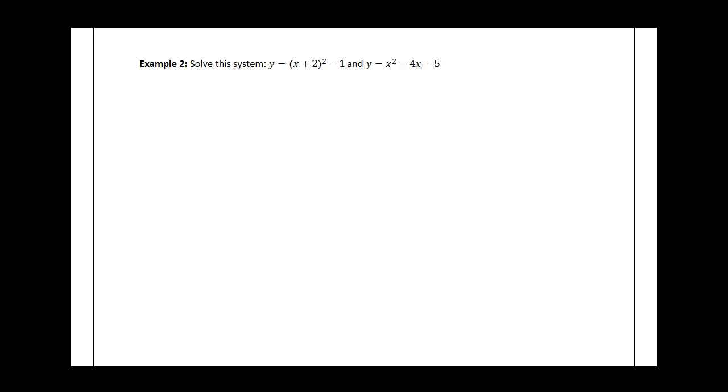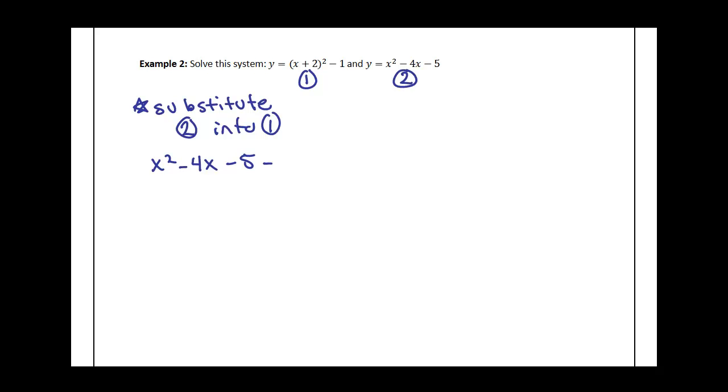And we're going to use the same method we did before, where we have our 2 equations, and we're going to substitute in order to solve for the coordinate points. So here, let's sub 2 into 1 and then solve. We're going to get x squared minus 4x minus 5 equals (x plus 2) all squared minus 1.